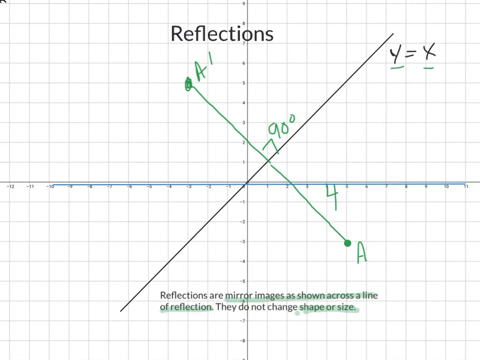Let's do blue. Now here's point A, and I want to go over the x-axis. Well, again, I can count how many spaces away it is. 1, 2, 3, and go 3 spaces across. 1, 2, 3. And I would have A prime right here. Now, if I took a line tool and connected these, we would see that these create perpendicular lines.